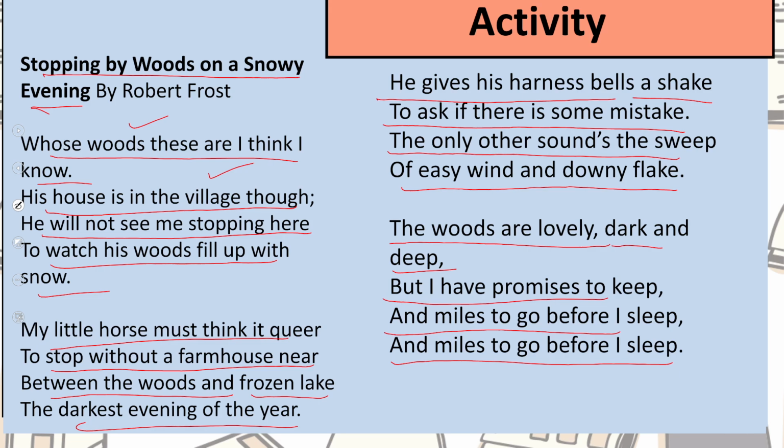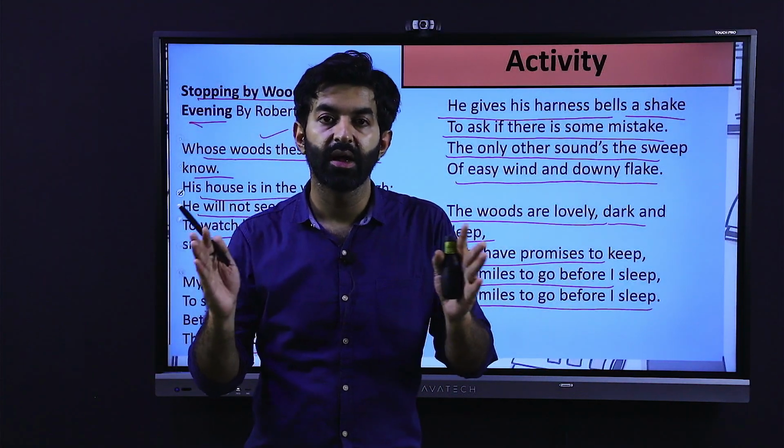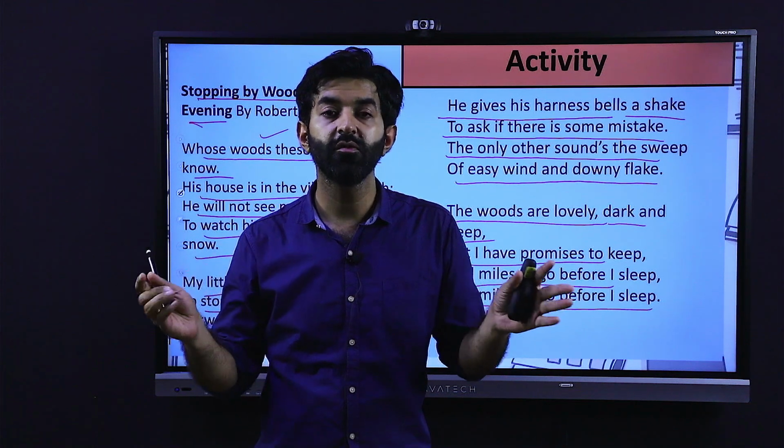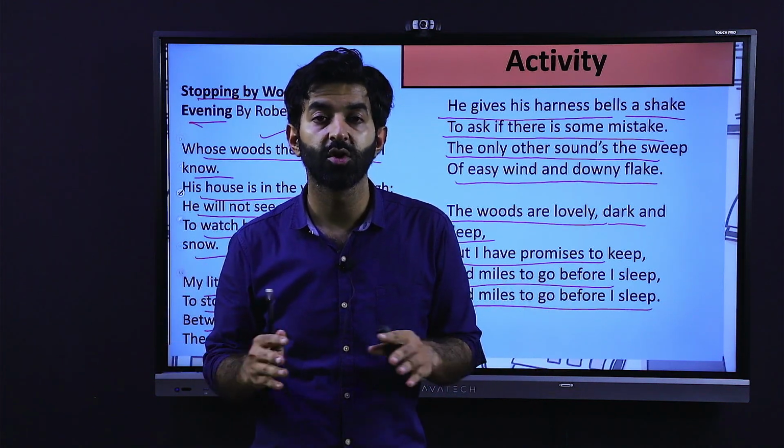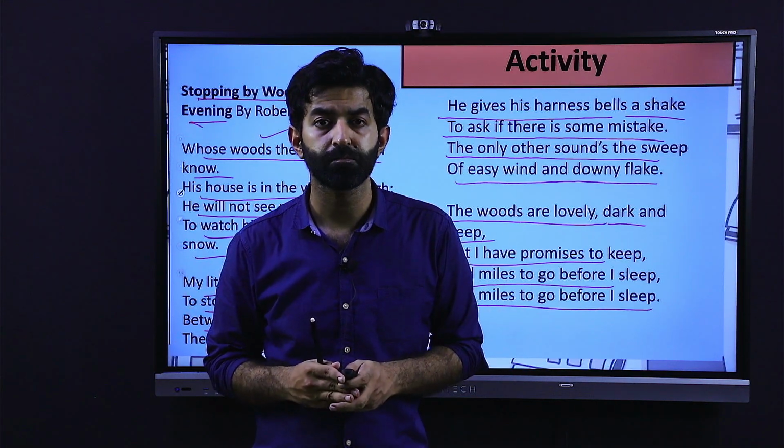My horse started questioning with the body language that why are we stopping over here? There is no farmhouse. There are woods and frozen lake, and it is an evening of the year which is very dark. So you can just clearly state as it is and just write within few lines. You can mention the whole summary in your writing.